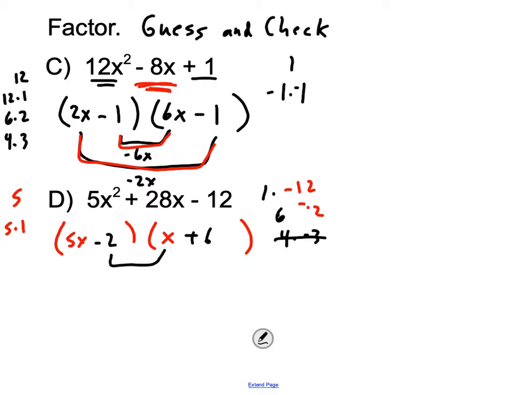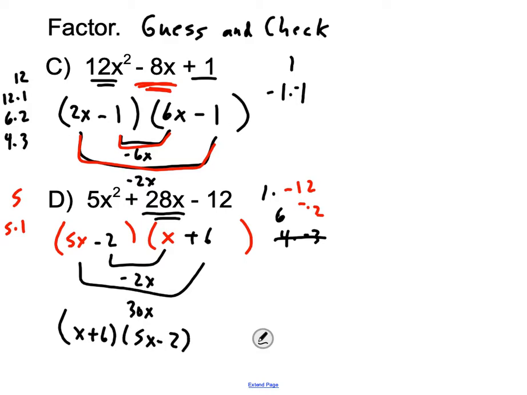Check my inners and outers. Oh yeah, 30x plus a negative 2x is going to indeed give me my 28x. So that does work. So x plus 6 and 5x minus 2 works.